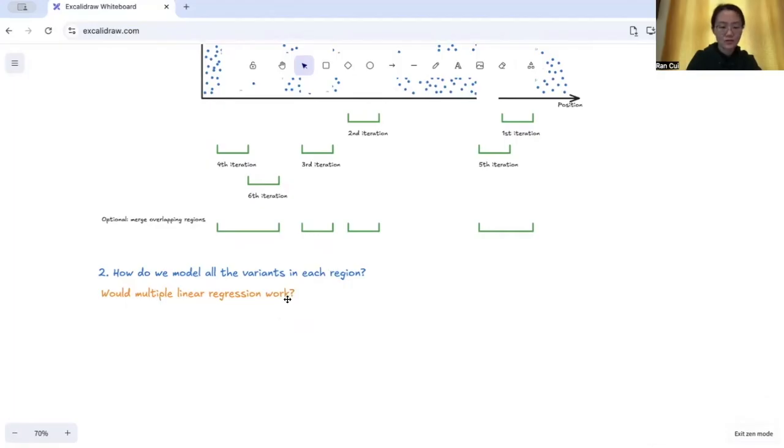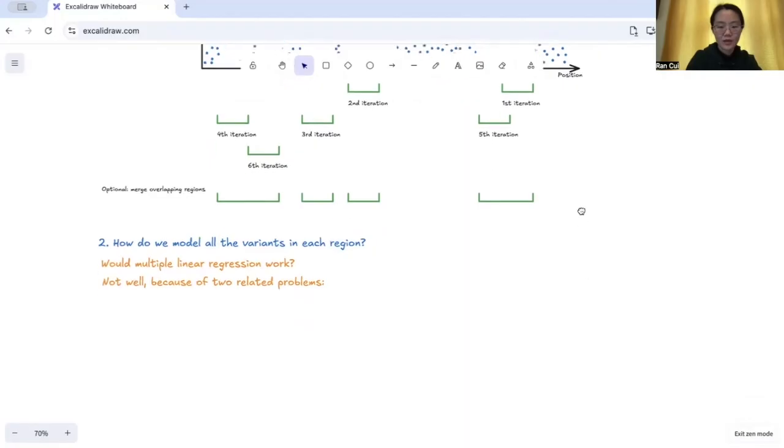So I asked, would just multiple linear regression work? If GWAS tests one variant at a time, fine mapping can just test multiple. Well, I was a bit naive back then. If I had given it more than 5 minutes of thought, I would have known that this is not going to work that well. So the answer is not a straightforward multiple linear regression.